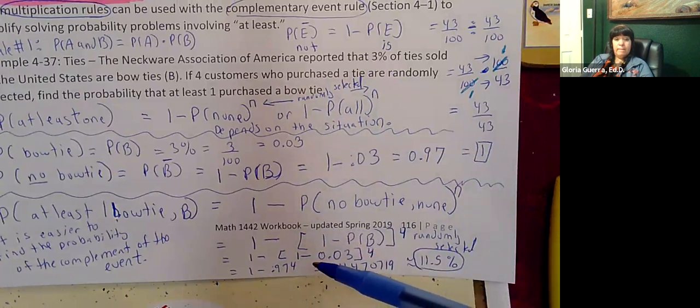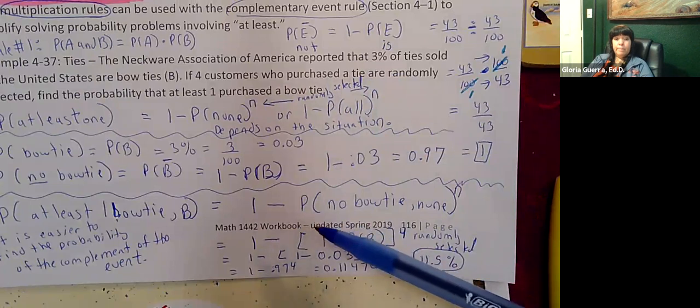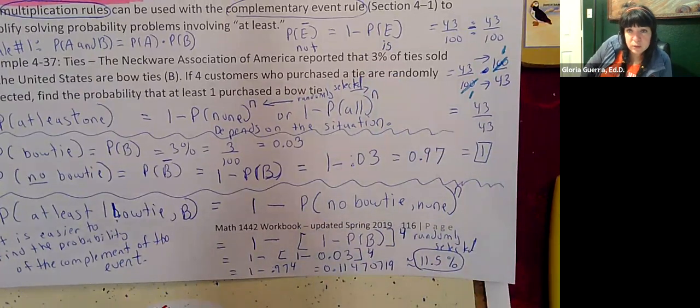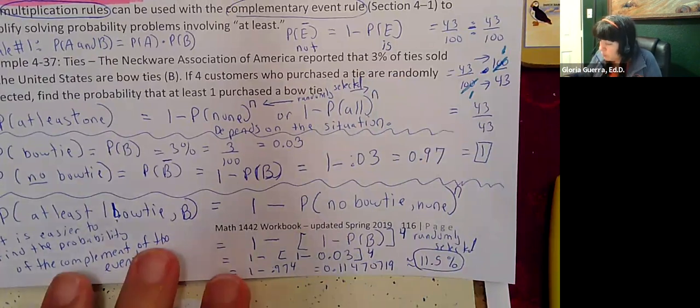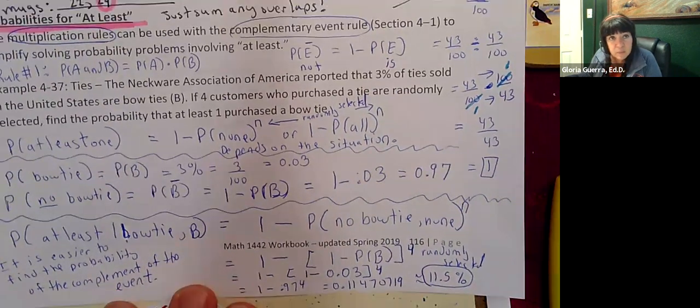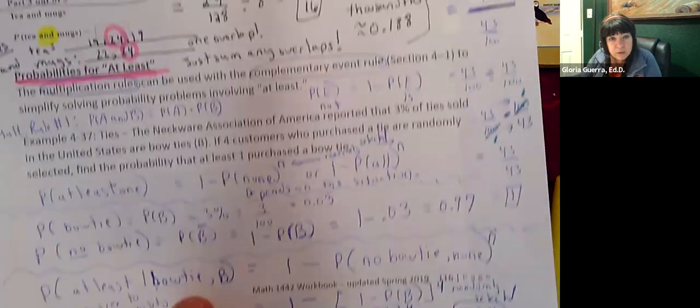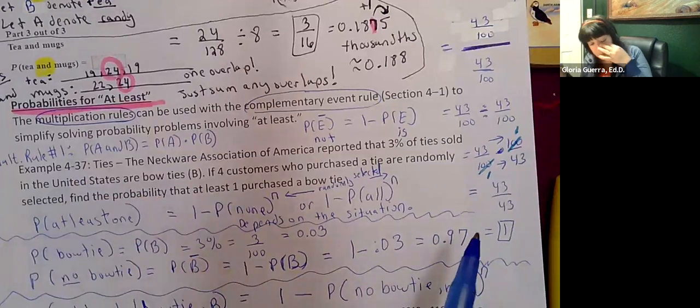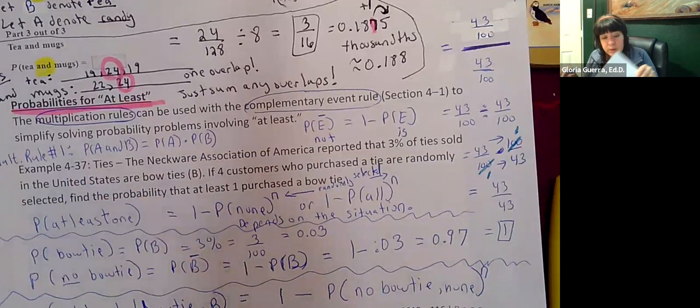And we didn't put any of these on the test, but there's one or two on your homework. So this idea of probabilities for at least, we didn't put any on the test, but there's a couple on your homework though.